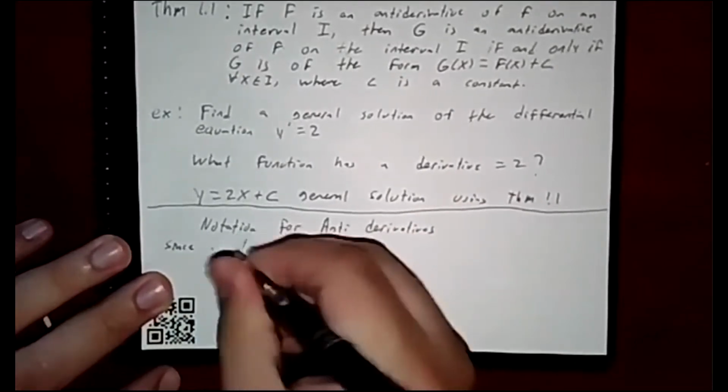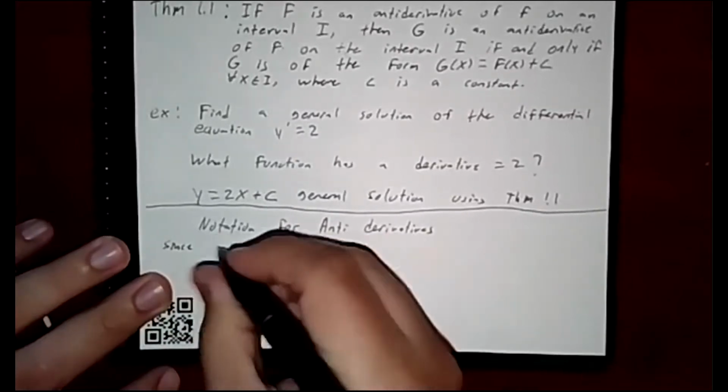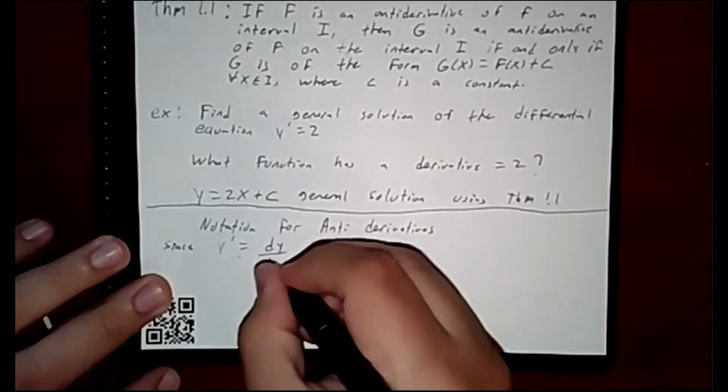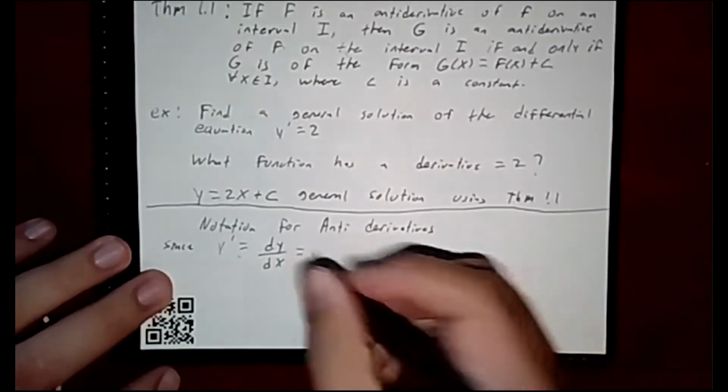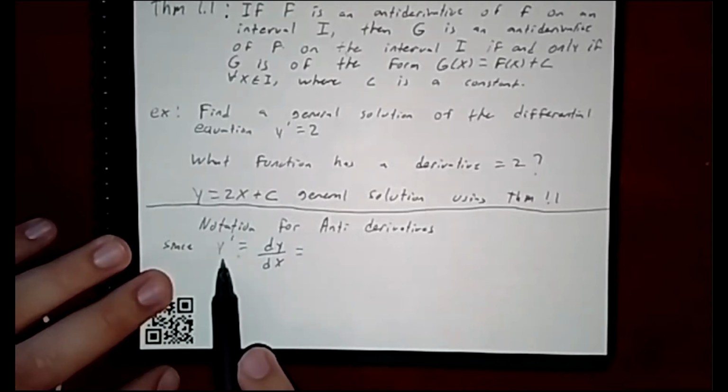That'd be better. We know that y prime is usually equal to dy dx. This notation is better because we know exactly with respect to what variable. With y prime, we don't really know, we have to assume, unless they give us the function.